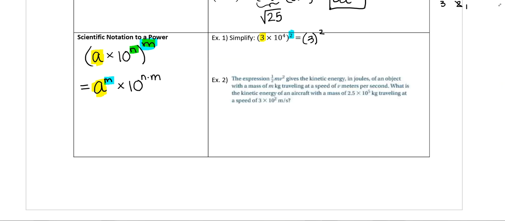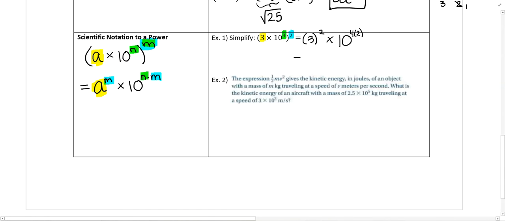That's the first part. All right, times 10, and then we have our n and our m, and those are going to multiply. So our n here is the 4. So 4 times 2 is what's going to go here.